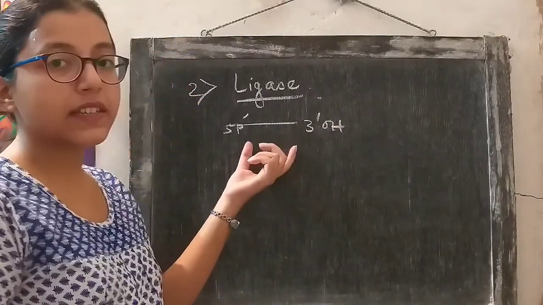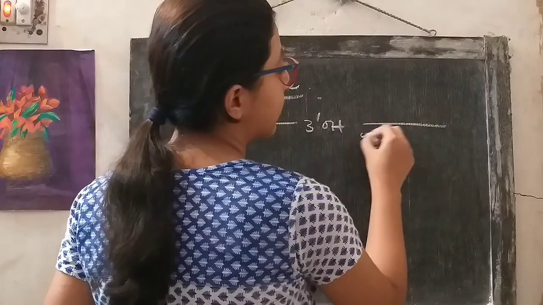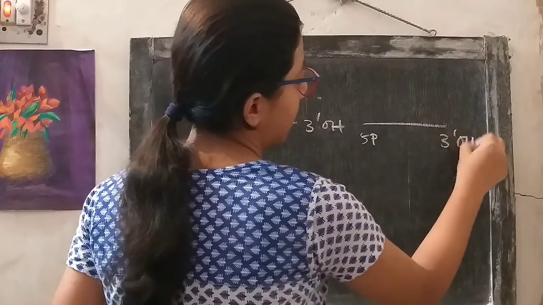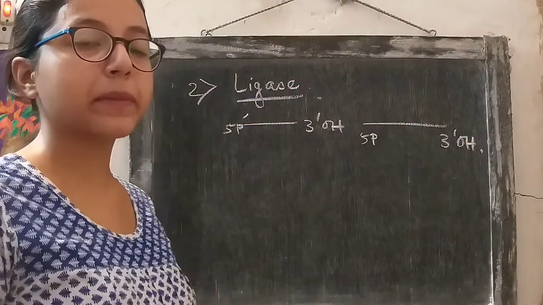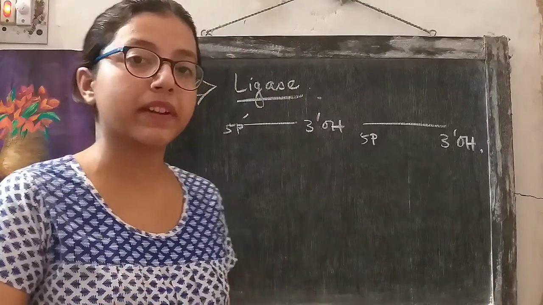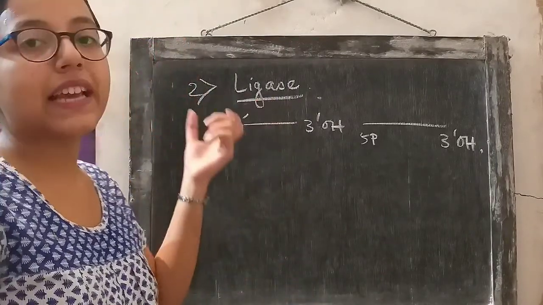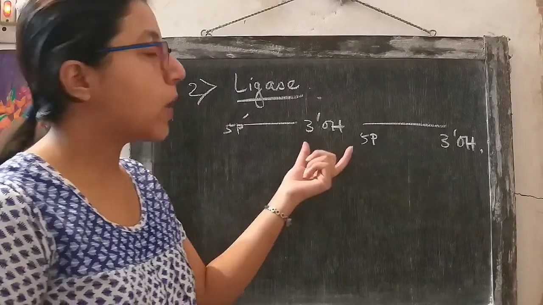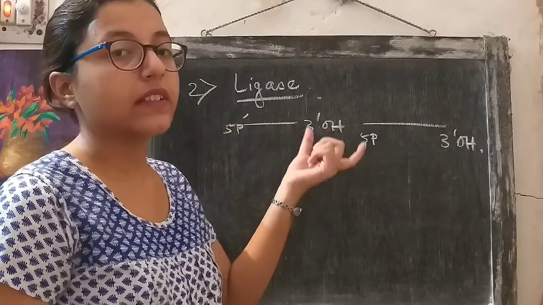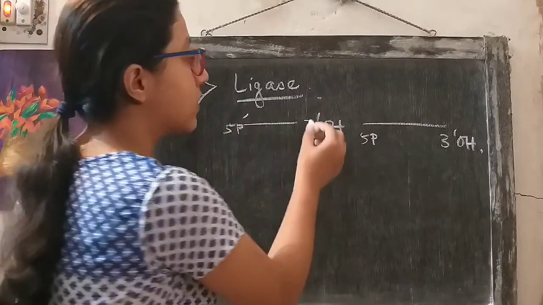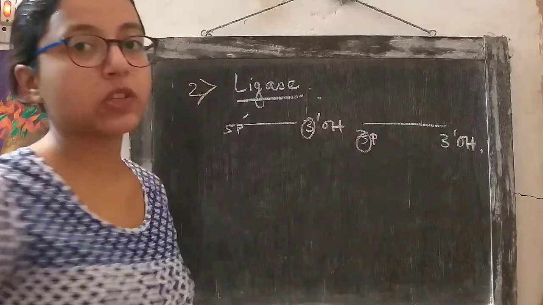So suppose this is a DNA fragment and this is another DNA fragment. All the DNA fragments will have a 5' end and a 3' end. So what the ligase does is that it forms a phosphodiester bond between this 3' OH group and a 5' phosphate group.